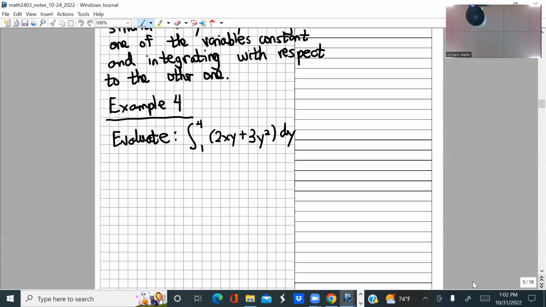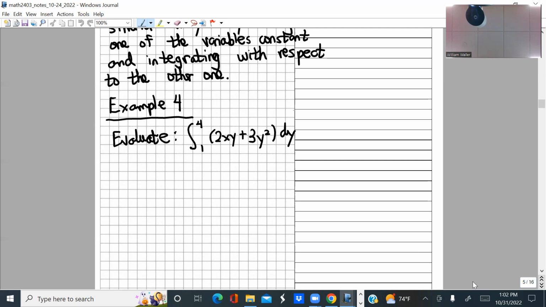The differential here tells you which variable you're integrating with respect to. In this case, we're integrating with respect to y, and x we just think of as a constant. That's just a number to us, so it plays no role at all in the integration process and just gets carried along. Let's see if we can do this.